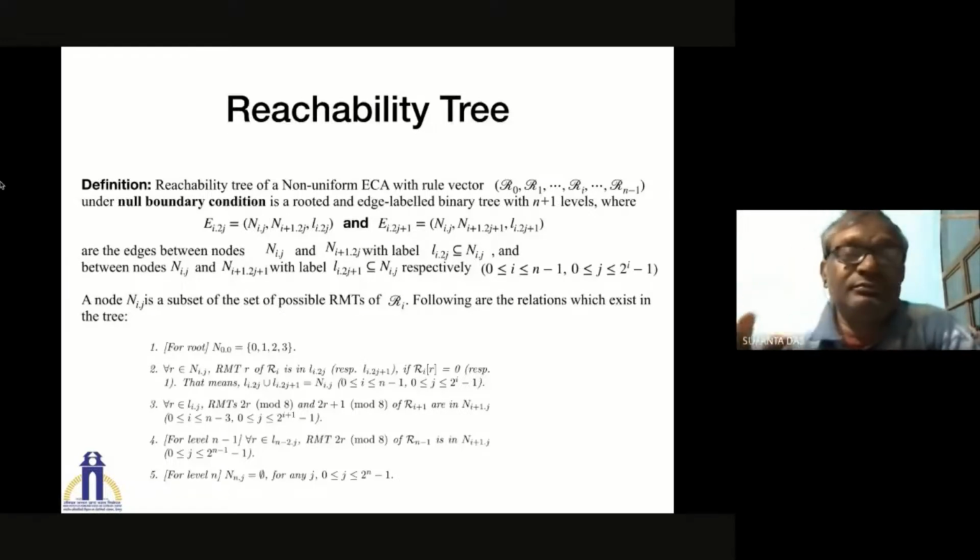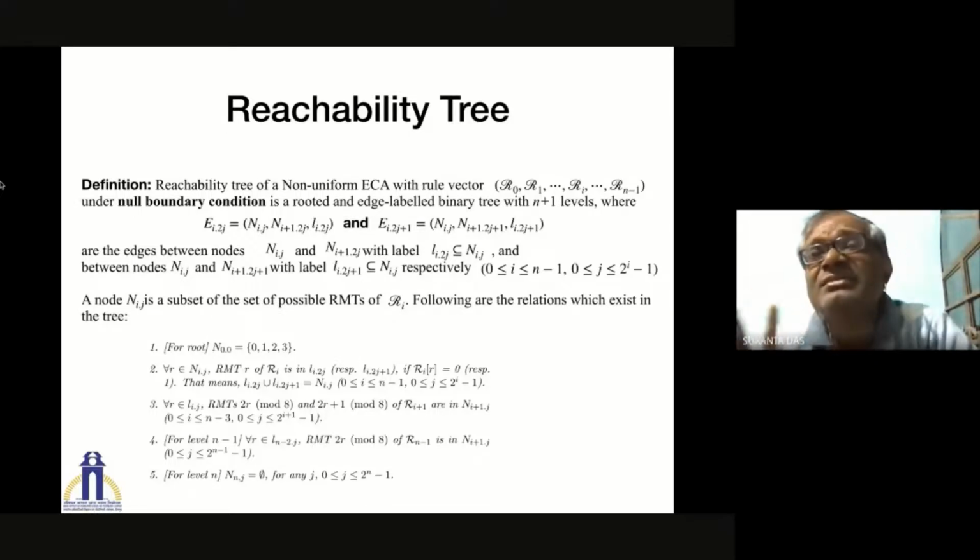Now, the point is that edges and nodes follow some relationship. I have stated the relationship already. They are written formally. For the root, N00 is the root. I have said it. And next, look at point number 2.